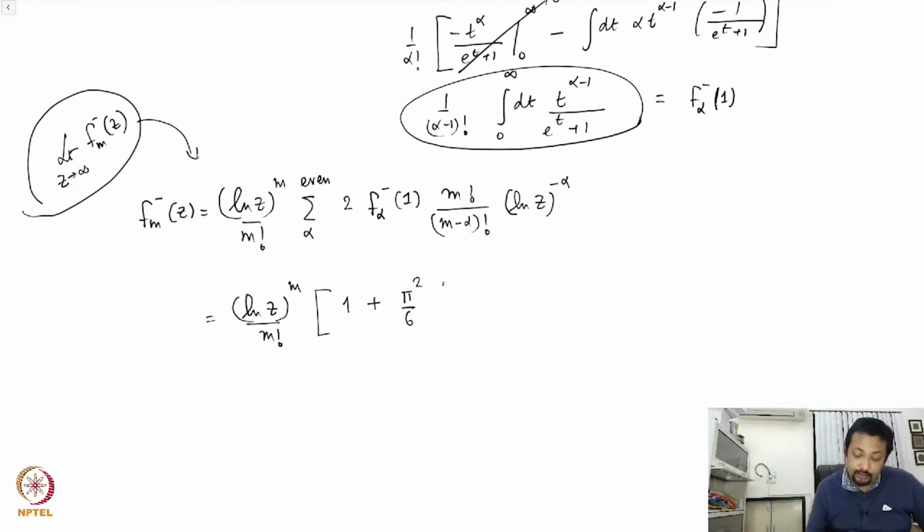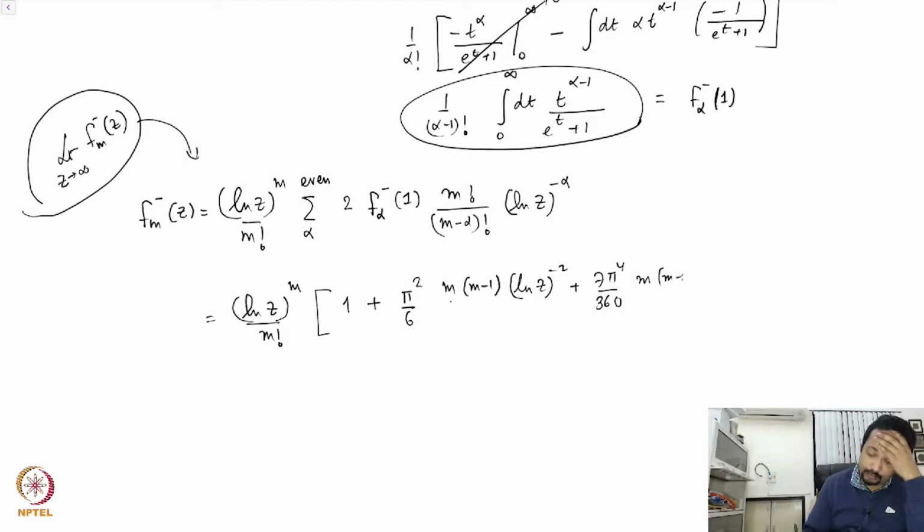It's going to be ln z to the power m over m factorial times: 1, plus pi squared over 6 m into m minus 1 divided by ln z squared, plus 7 pi to the 4 over 360 m into m minus 1 into m minus 2 into m minus 3 divided by ln z raised to the power 4, plus higher order terms.